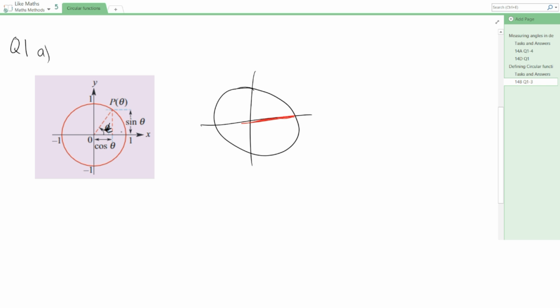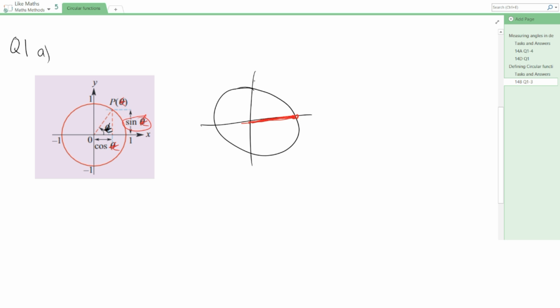So, like we said before, the value of sine of t is equivalent to the y value. If the angle's 0 here, it's actually lying along the x-axis.